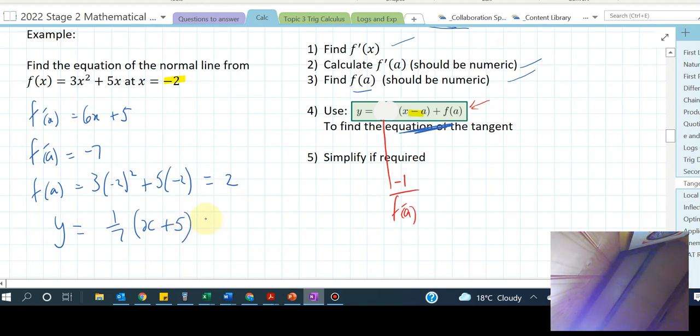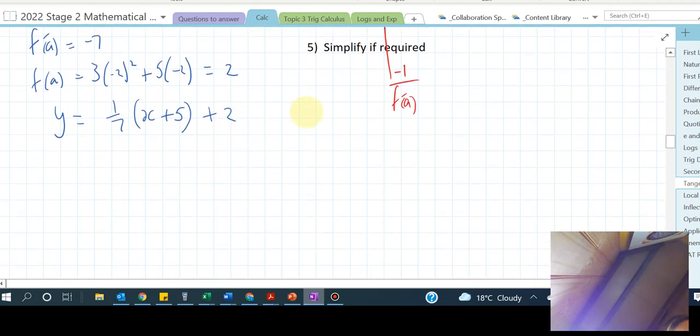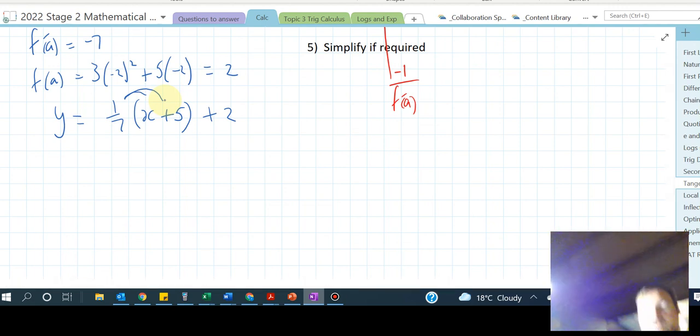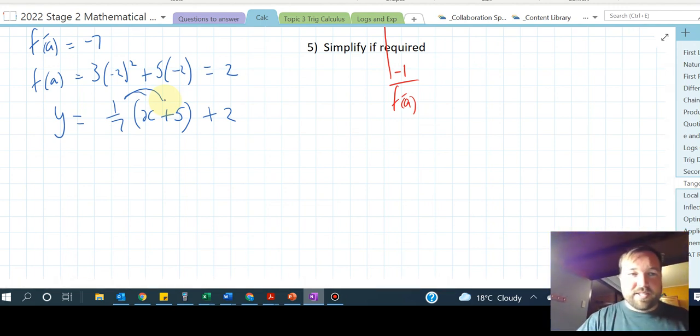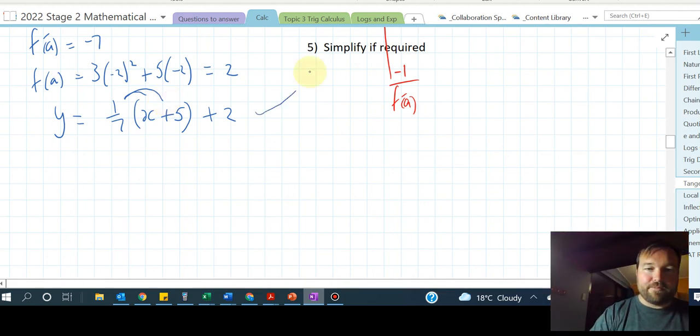Now f of a is just 2, so plus 2. And we can tidy this if we particularly want, but that is just fine for the equation, unless it asks us in the form of y equals mx plus c, but you guys can all get there from there.